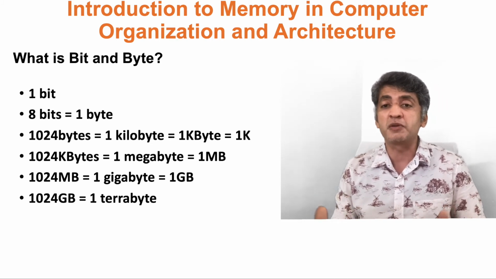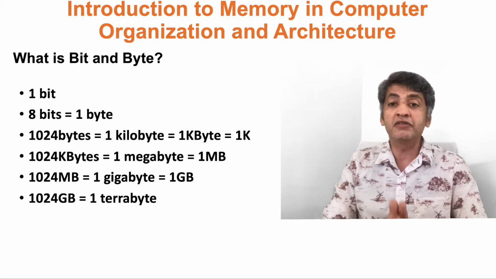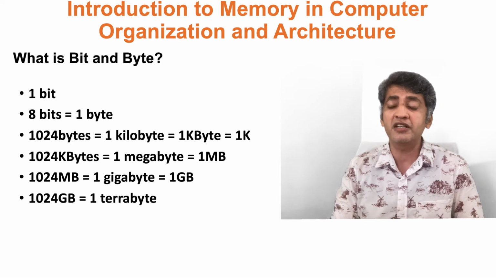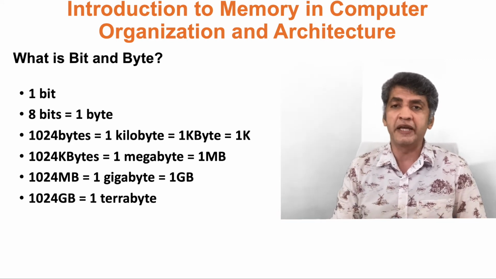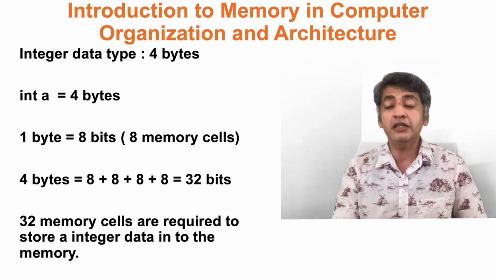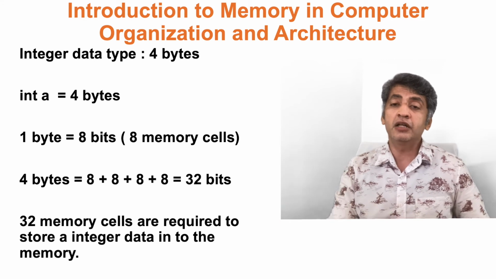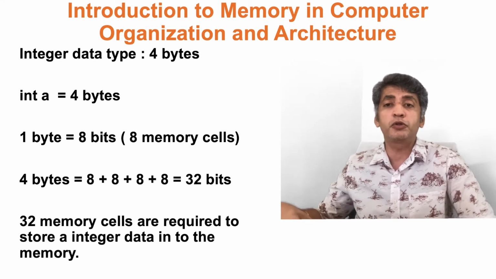Whenever you check the system specification, there will be a hard disk, for example 1 TB. So what is the value of 1 TB? 1024 GB is equivalent to 1 TB. Now we have seen that 8 bits are equivalent to 1 byte, then 1024 bytes equivalent to 1 kilobyte, and like that up to 1 TB.